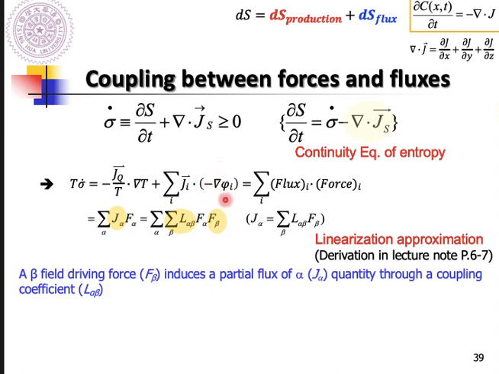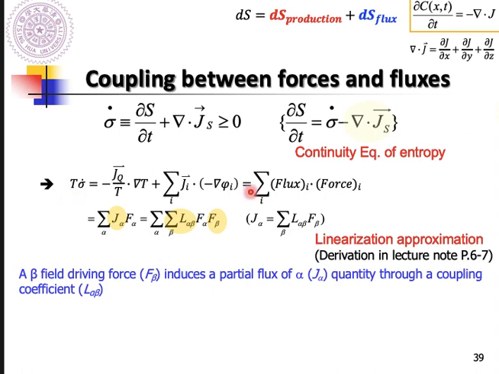It can be the electrical potential gradient, or it can be the chemical potential gradient. To summarize, we can write it as the summation over i of flux i times force i. For the heat flux part, this is the heat flux, and the force is minus the temperature gradient divided by T.